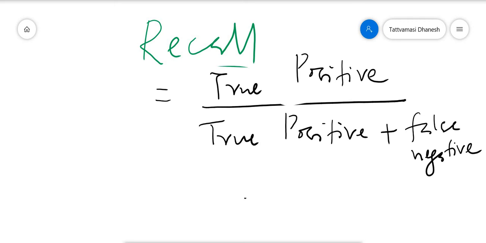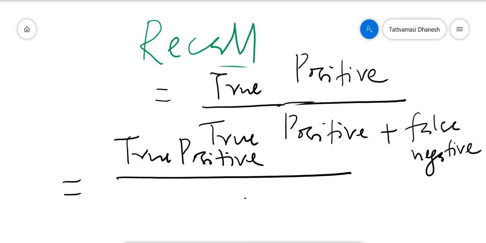This we call recall: true positive, the whole divided by true positive plus false negative. Or you can write it as true positive divided by the predicted result. This true positive plus false negative is the actual positives.